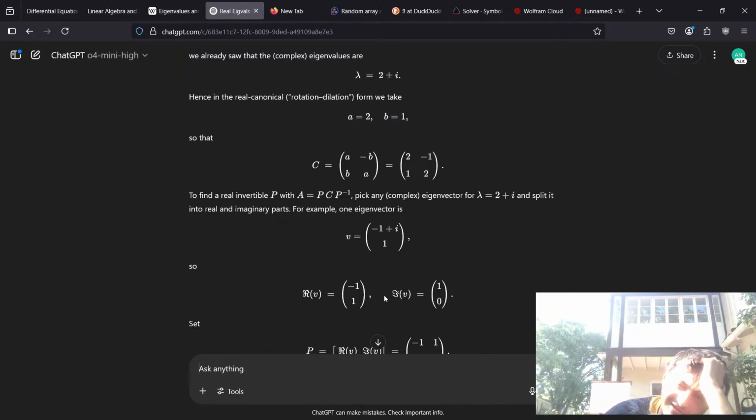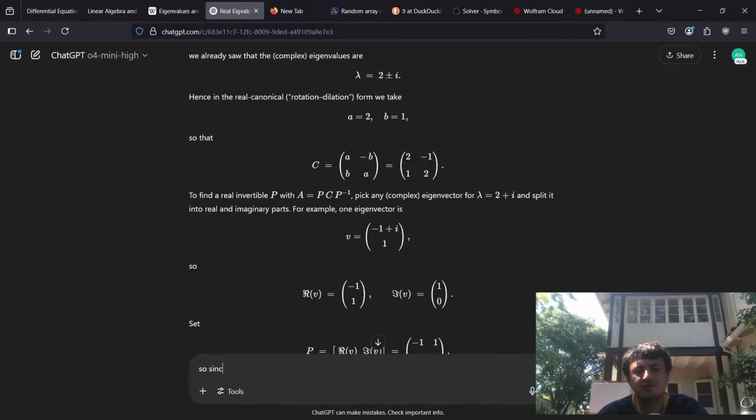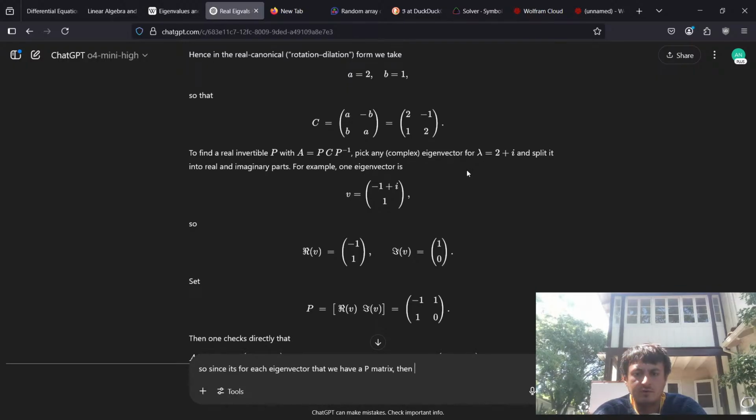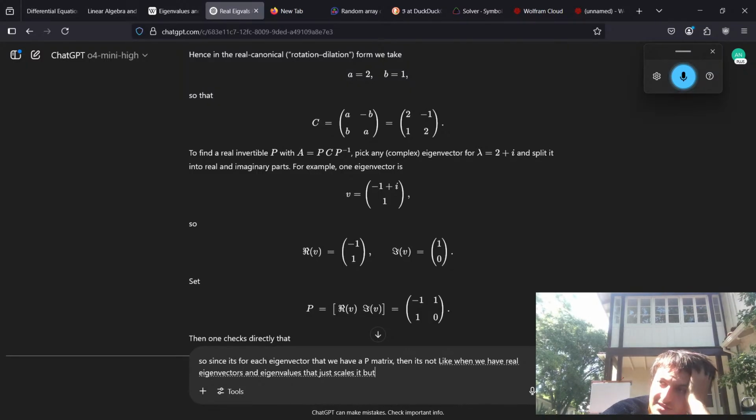Oh, I'm starting to see it, man. So, wait. Since it's for each eigenvector that we have a P matrix, it's not like when we have real eigenvectors and eigenvalues that just scales it, but it is a rotation plus a scaling.